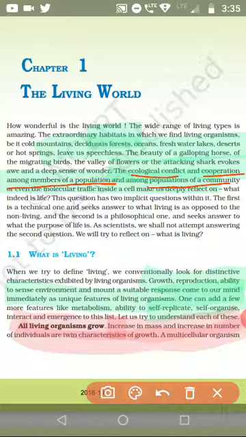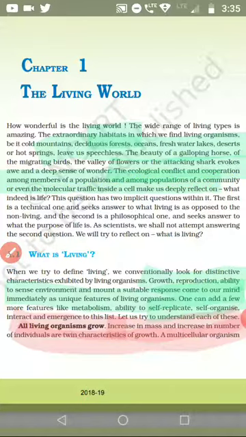So in any ecosystem or population, you will find conflict and cooperation among the members of the same population and among the different populations of a community. This is very important for us to understand.